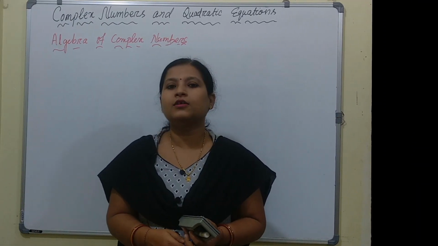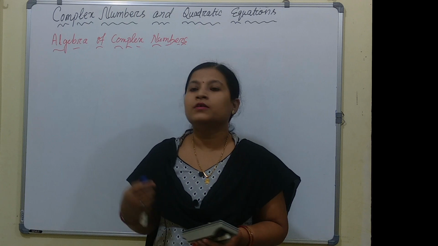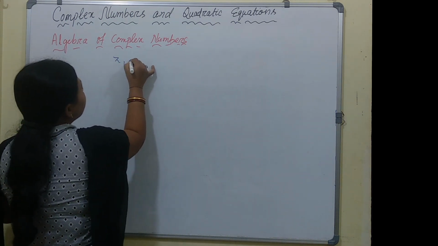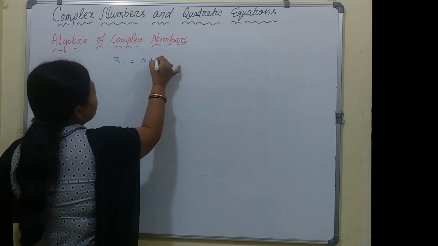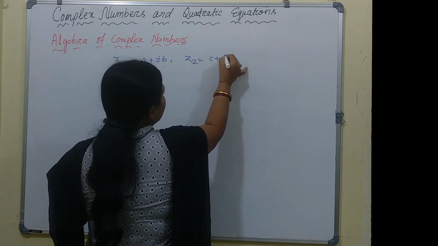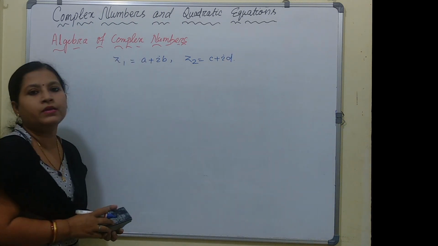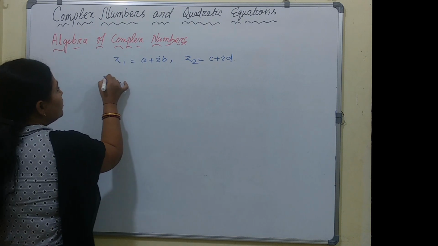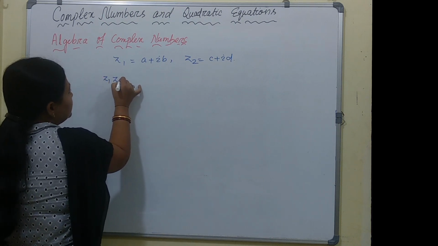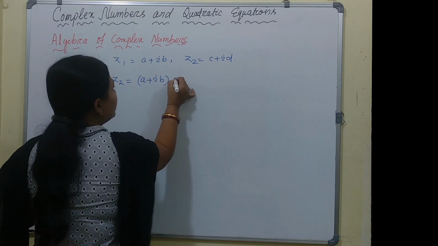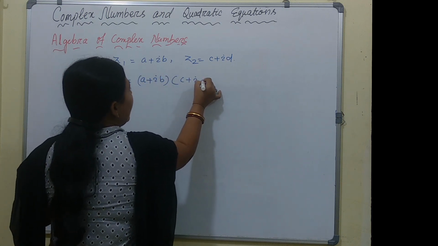Now we will discuss the multiplication of two complex numbers. If z1 is equal to a plus ib and z2 is equal to c plus id, where a, b, c, d are real numbers, then z1 into z2 is equal to (a plus ib) times (c plus id).